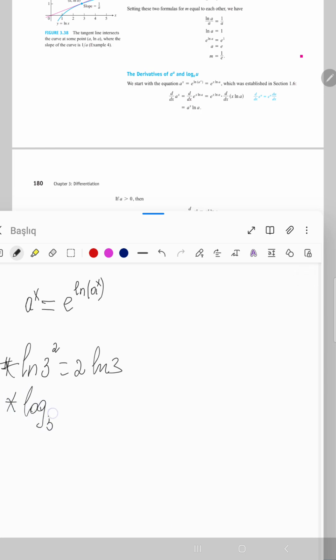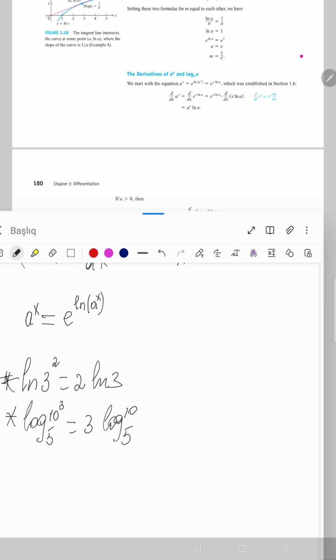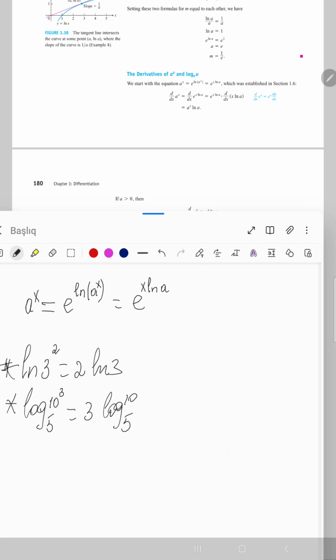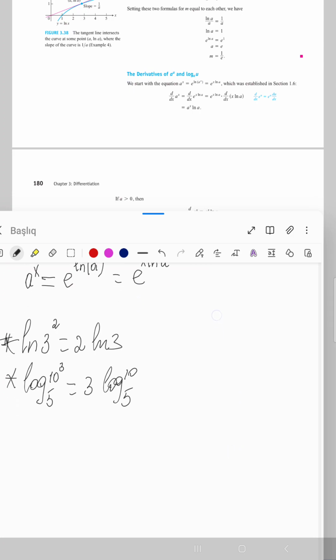Also logarithm base 10 of 5 to the power of 3 will be 3 times logarithm base 10 of 5. It means we can write it as e to the x ln a, a, not e. Okay, and let's take the derivative of both sides in here.